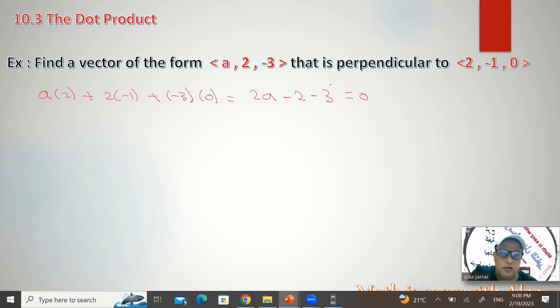So 2A minus 5 equals 0. Move 5 to the other side by adding 5 to both sides. It will be 2A equals 5. Then divide by 2. It will be A equals 5 over 2. The value of A that makes these two vectors perpendicular is 5 over 2.